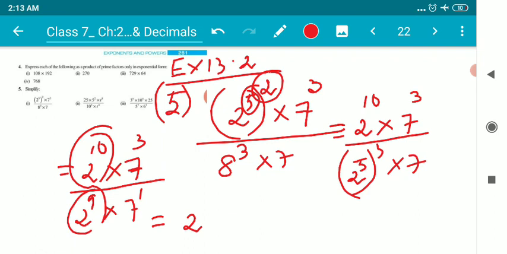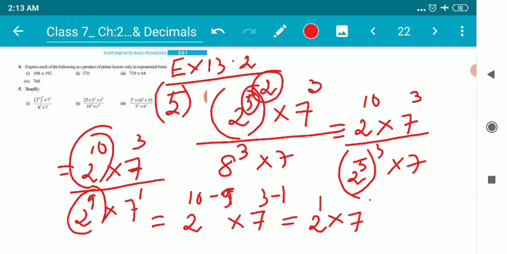It will be 2 to the power 10 minus 9, into 7 to the power 3 and 7 to the power 1, it will be 7 to the power 3 minus 1. Okay, children. Now 2 to the power 10 minus 9 means 2 to the power 1, into 7 to the power 3 minus 1 means 7 square, or 7 to the power 2, same.